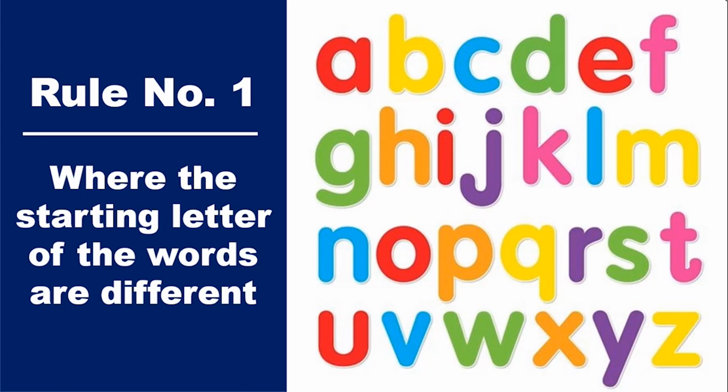So if the starting letter of all those 4 words or all those 5 words are different, then you have to arrange those words in alphabetical order. Okay, according to A to Z arrangement. Let me give you one example to make you understand what I'm talking about. After listening to the example, it will be clear.